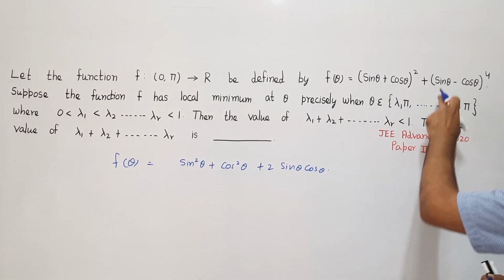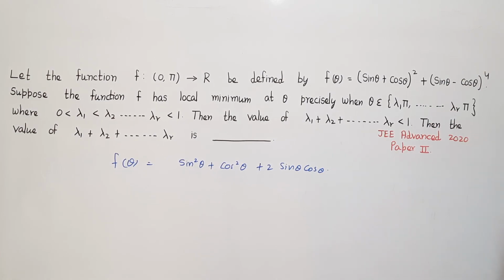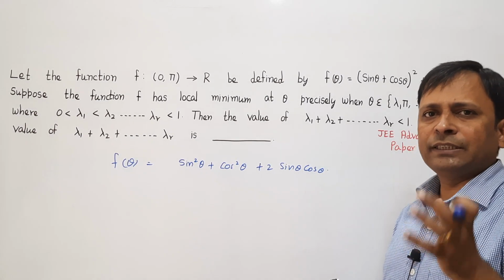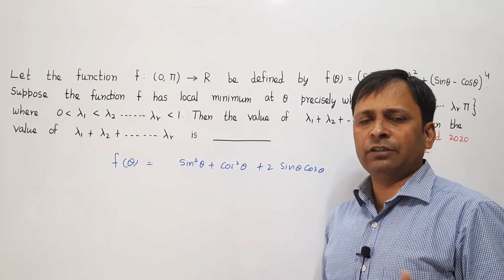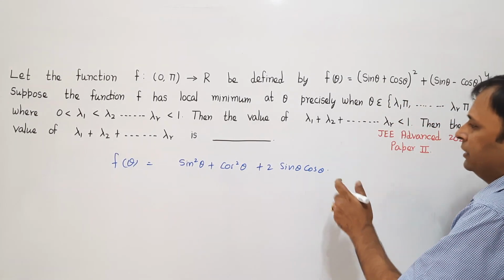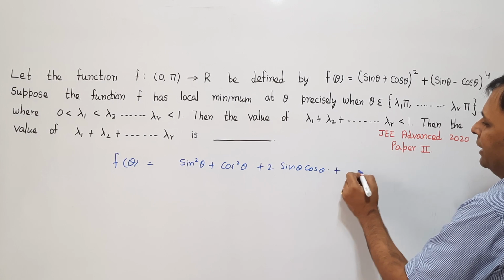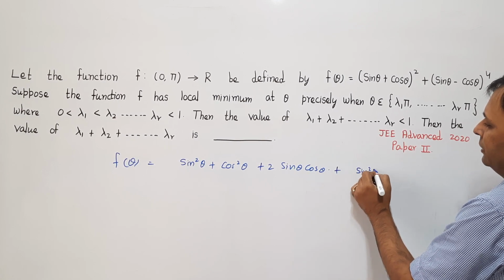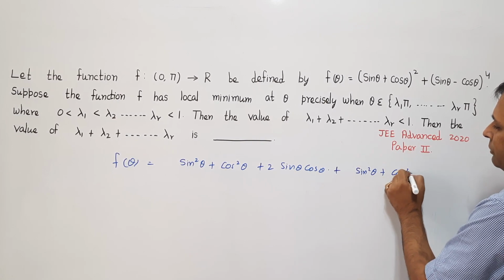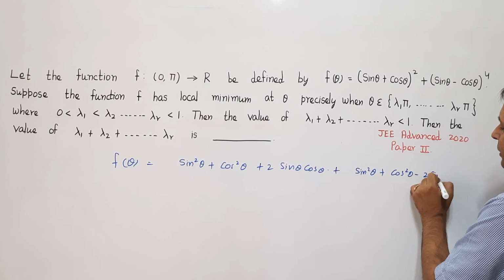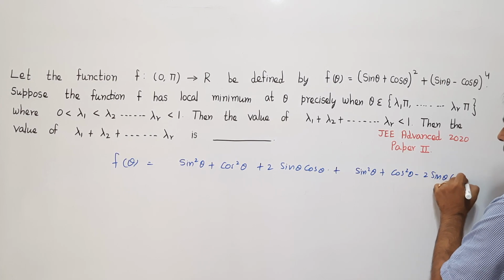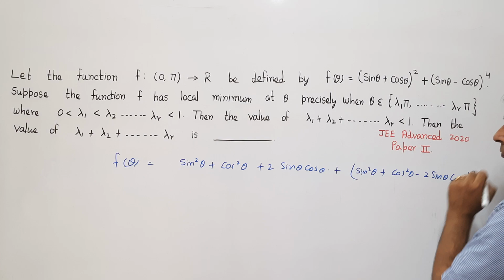Then I have (sin theta minus cos theta) whole raised to the power 4, which is nothing but (sin theta minus cos theta) whole square to the power 2. So (sin theta minus cos theta) whole square I can write as (sin square theta plus cos square theta minus 2 times sin theta into cos theta) whole square.